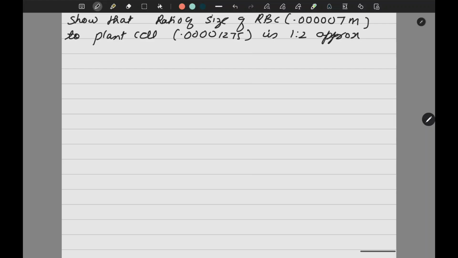Now let's see the next question. Show that the ratio of the size of RBC to a plant cell is 1:2. So the size of the RBC I'll represent by R, and the plant cell by P. So 0.0000507 upon the plant cell size.